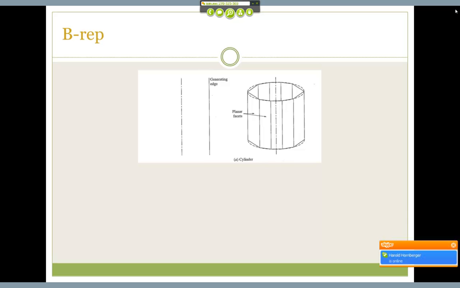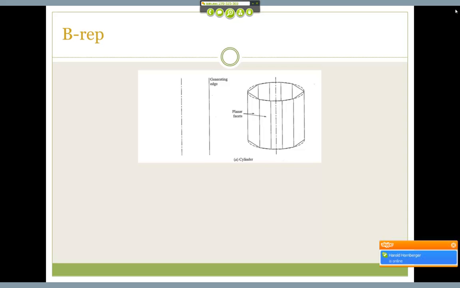They would represent the complex cubic surface or bicubic surface by a bunch of planar approximations. And so early on, the BREP modeling technique was viewed as inaccurate because it was a faceted approximation to the actual mathematical surface.